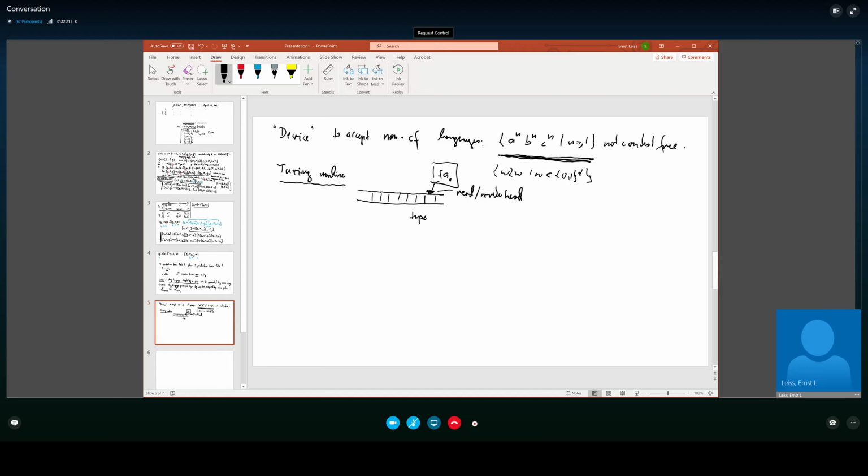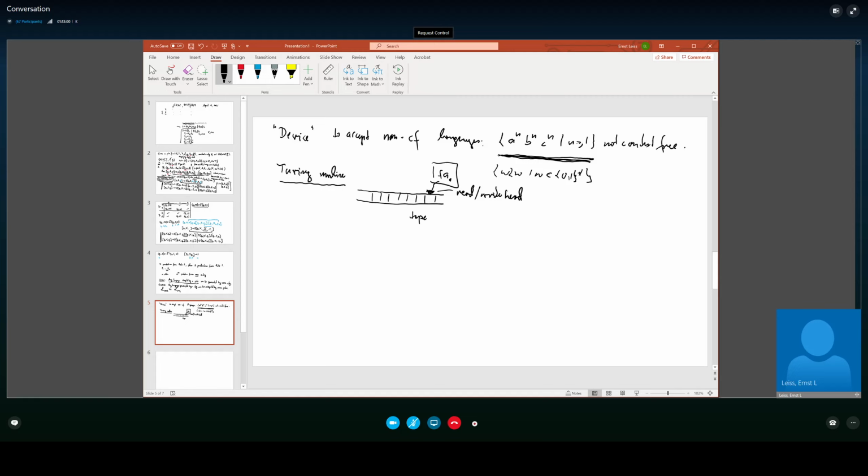And then it will move to the right until it finds a little b and mark it. And then it keeps on moving, finding a little c and marking it. So at this point, it has found an a and a corresponding b and a corresponding c and marked them off. And then it moves back to find the next little a, and it marks that little a off, moves forward for another little b, marks that one off, moves forward for a little c, and marks that one off, and so on and so forth.